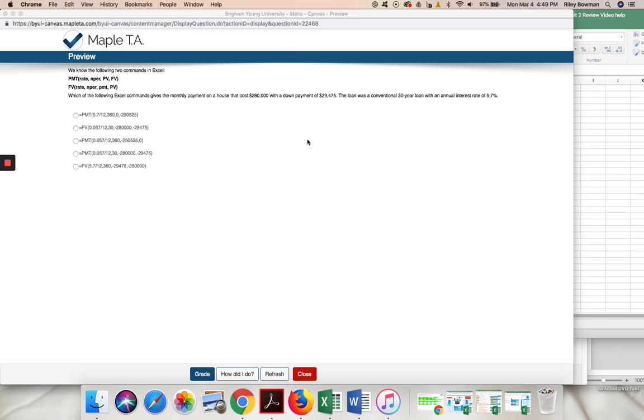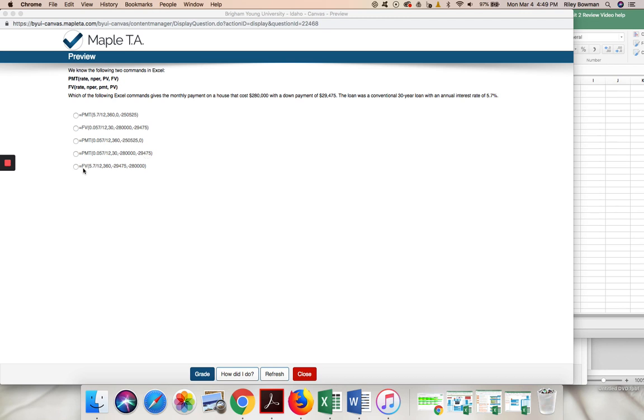The next one is, again, moving the decimal over, 5.7%, divide by 12, that's good. 30 here again isn't even reaching up to 3 years, because it's supposed to be the years times the amount per year, which is 12. So this should be 360. So this formula isn't for quite 3 years, with 280,000 and 29,475 as the present value.